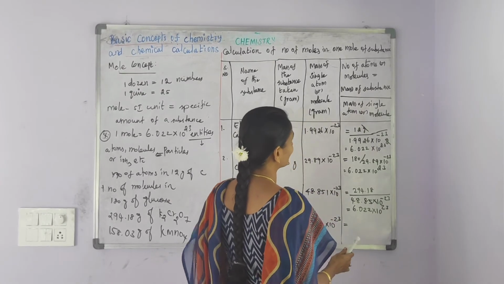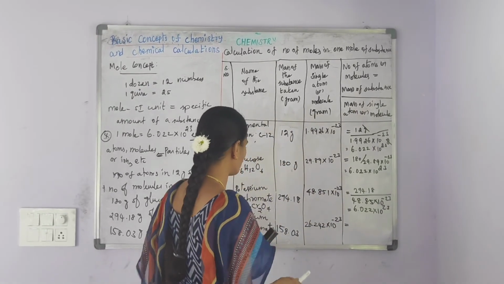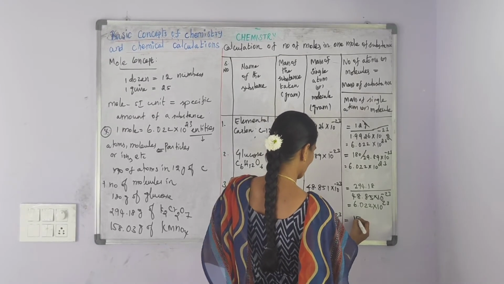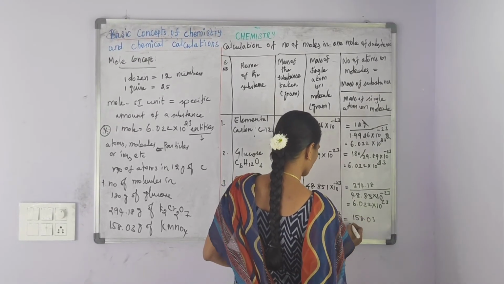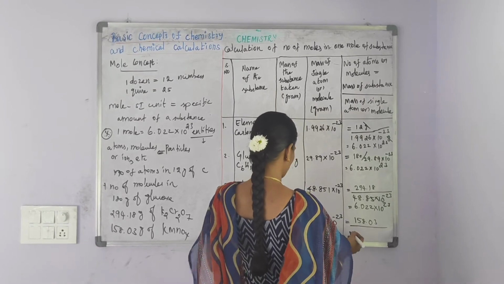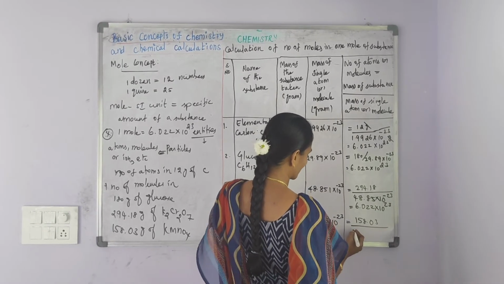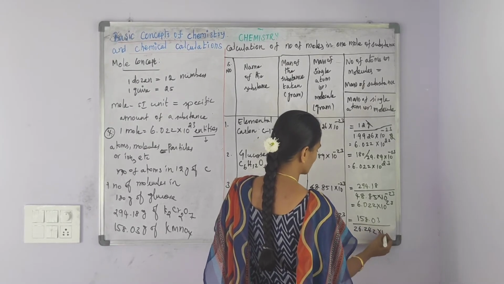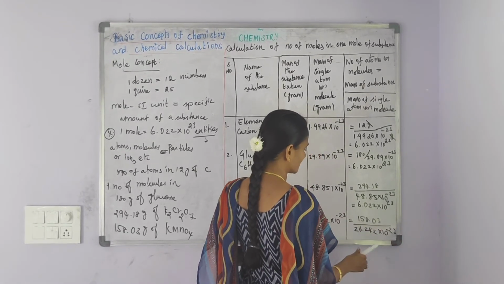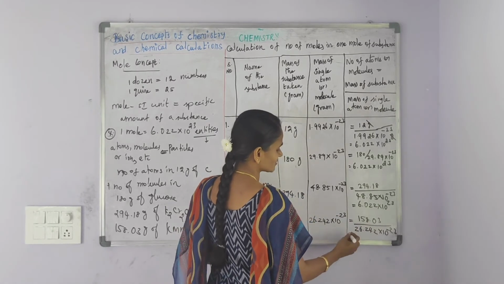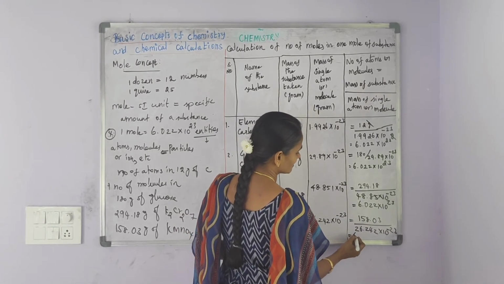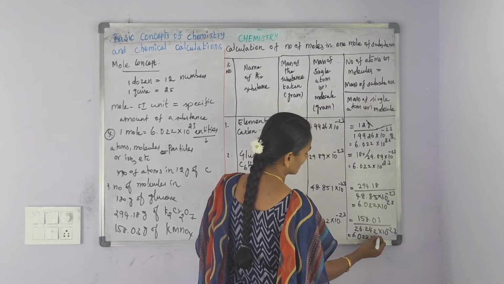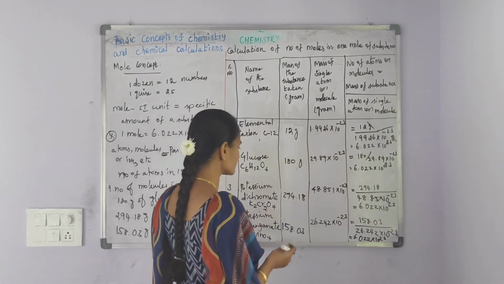Now we will calculate the number of molecules in potassium permanganate: 158.03 divided by 26.242 into 10 power minus 23. By solving this, we get the answer 6.022 into 10 power 23.